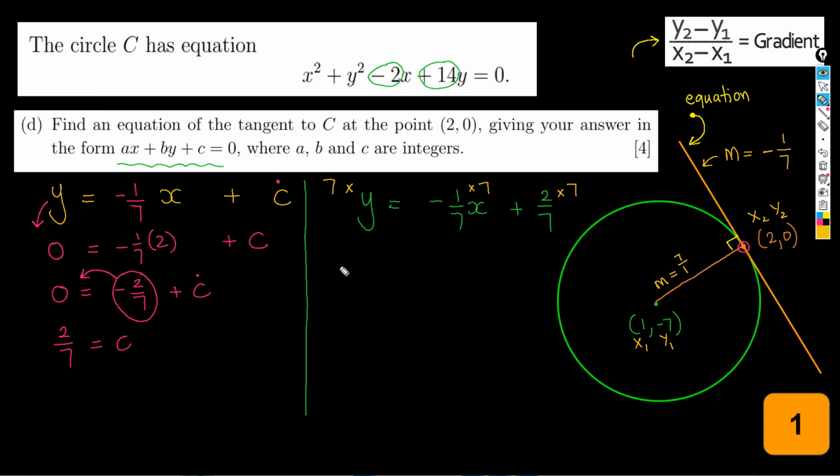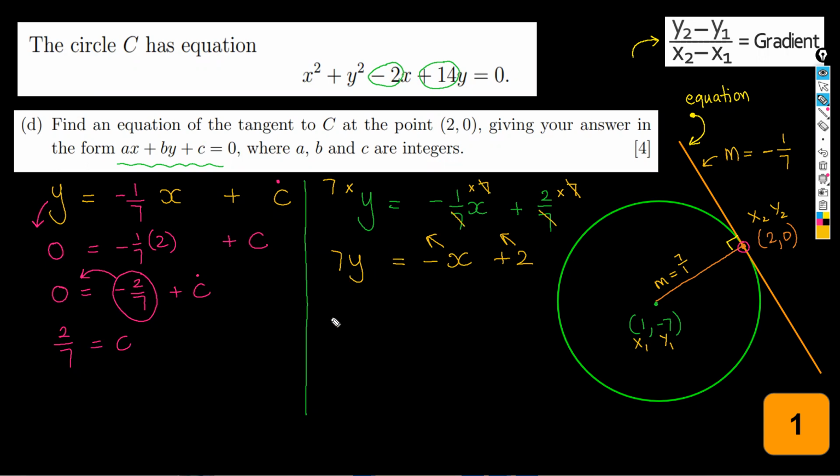The advantage of doing that is you'll get 7y here. But this 7 and this 7 will cancel out, leaving you with minus 1x. You don't have to put the 1, the 1 is understood. The 7 and the 7 cancel out here with 2. And what they want you to do is throw everybody on the same side and put the x and y first.